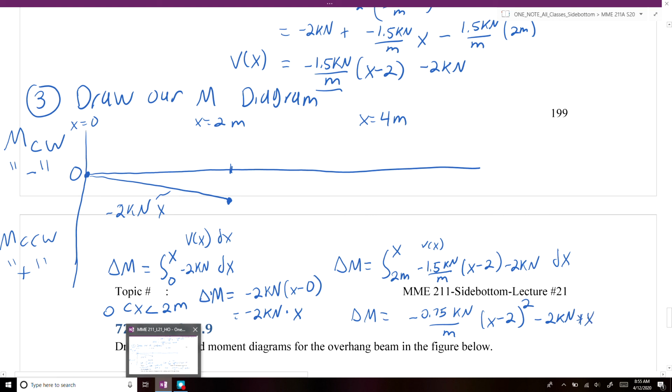So this would be our m of x along the second part of our section. So this is going to be a polynomial, and it has a negative coefficient in front of it, so it'll look something like this.